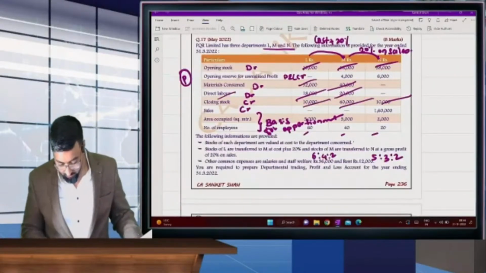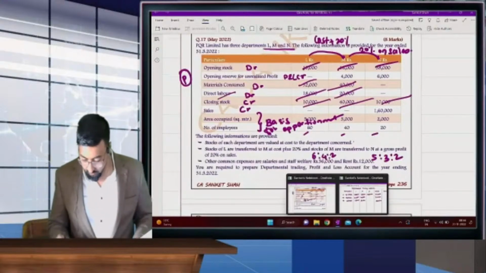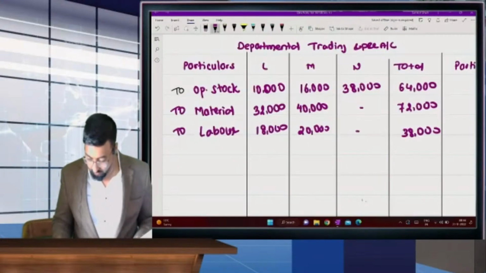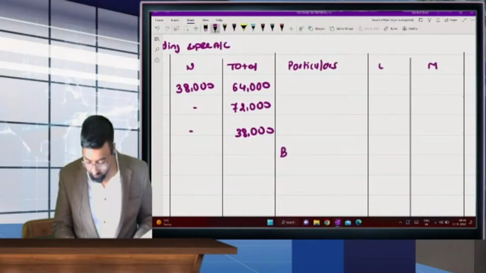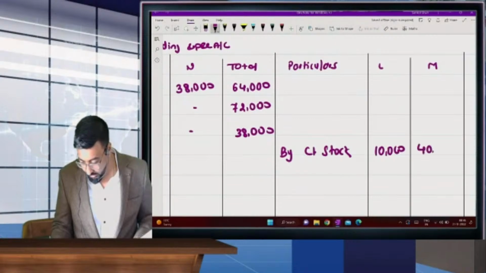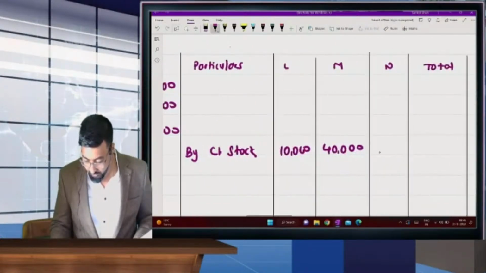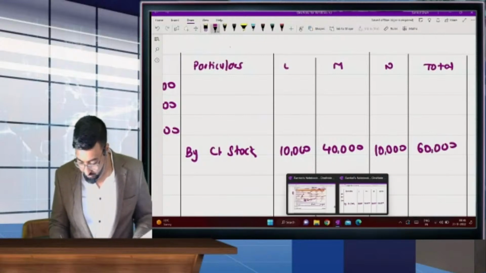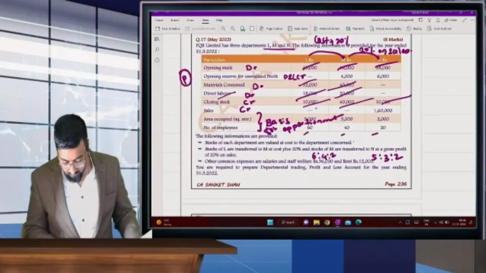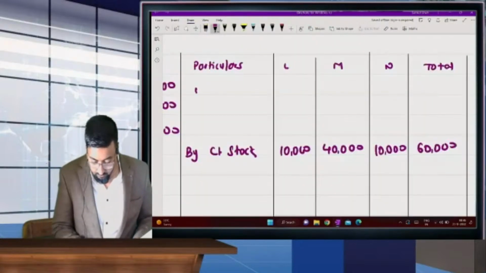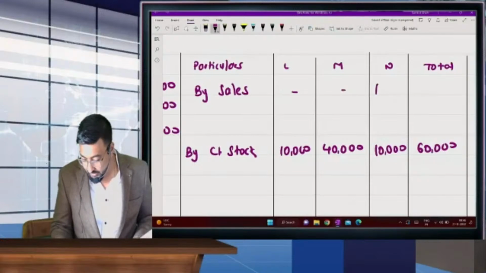Closing stock 10, 40, 10,000, 60,000. Sales 1,60,000.